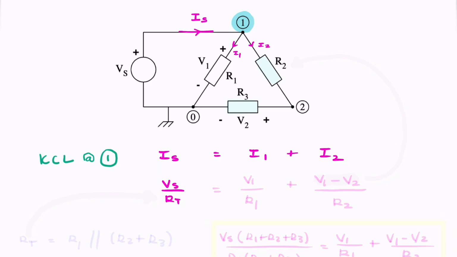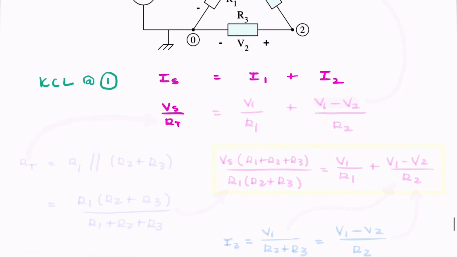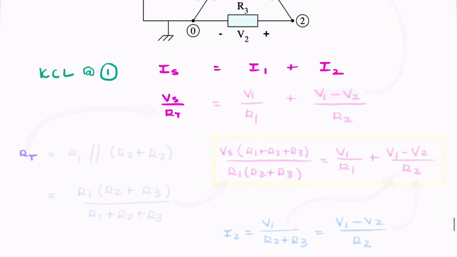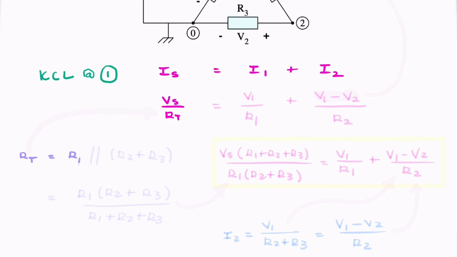And we can find R total because it looks like we have two resistors in series, so R2 and R3 are in series, and they're in parallel with R1. So we can say R total is R1 in parallel with R2 plus R3.